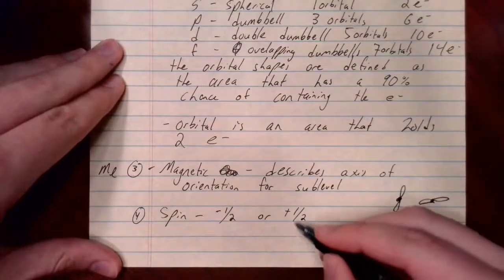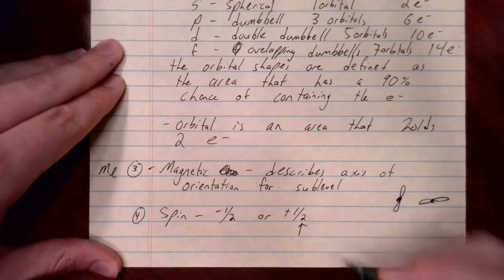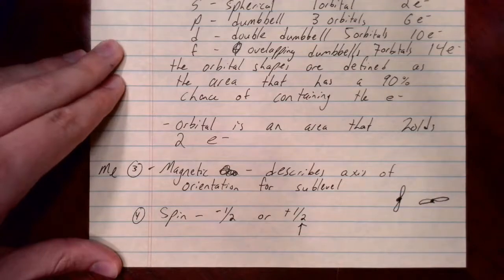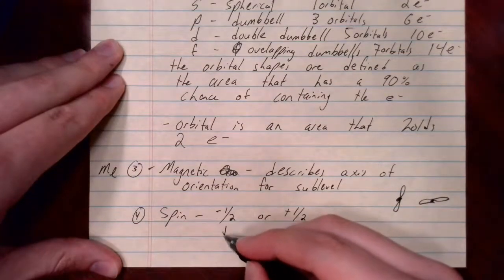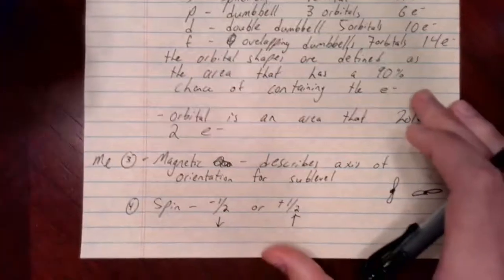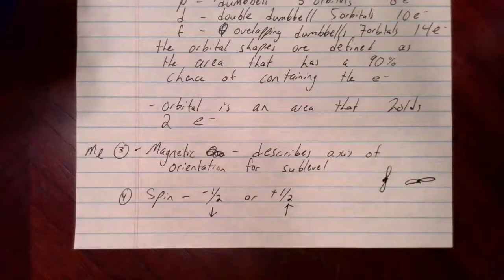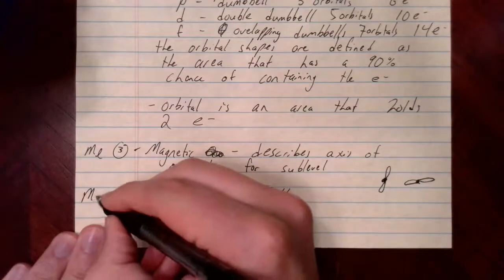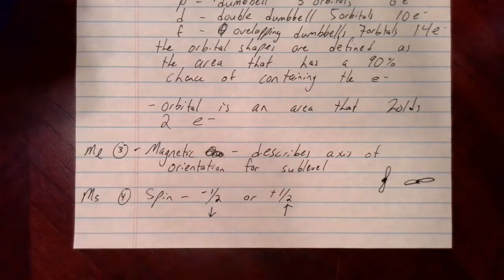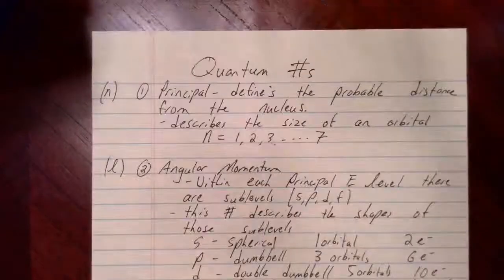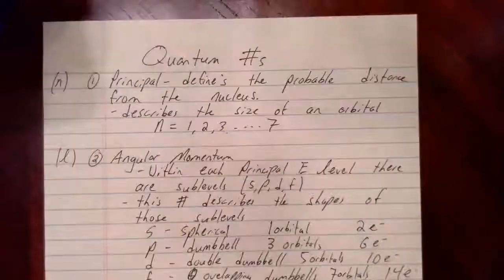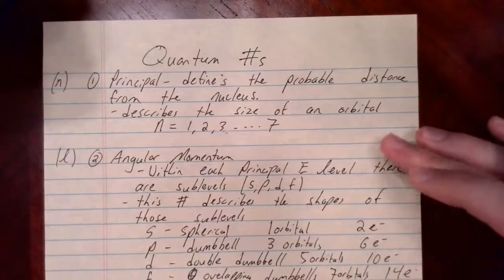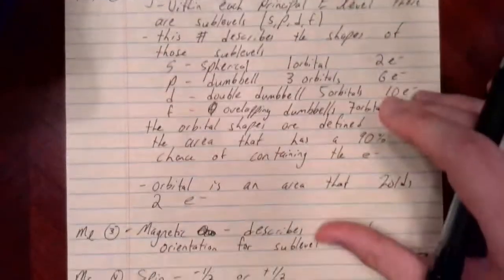You'll typically see the +1/2 notated with an up arrow, and the -1/2 notated with a down arrow. The 1/2 is just kind of an arbitrary number to show us if an electron spins up or spins down. The symbol we use here is M sub S. Okay? So those are the 4 quantum numbers that we use to describe the location and some of the details of an orbital and the electron within it.